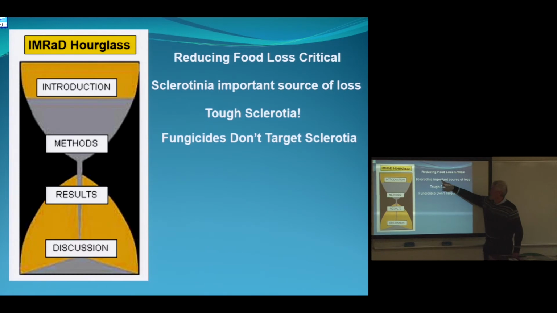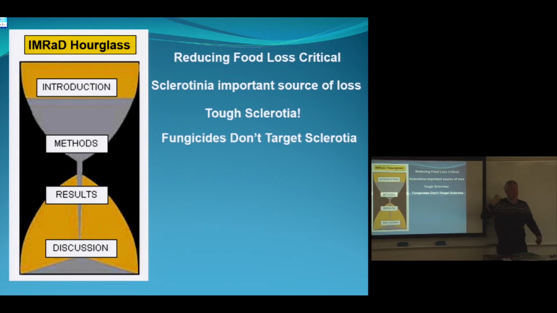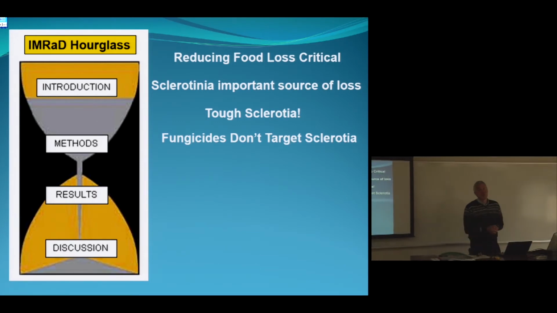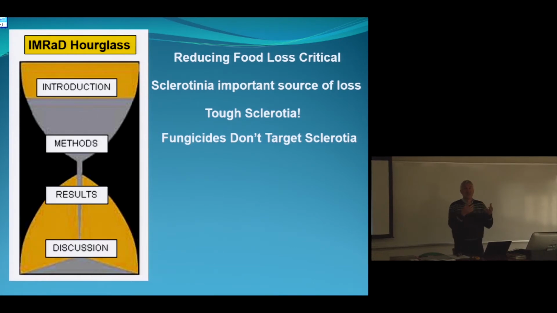And this sclerotia is having very important economic consequences for food loss, and food loss is also very critical for the world's future food production and reduction of hunger in the food world.